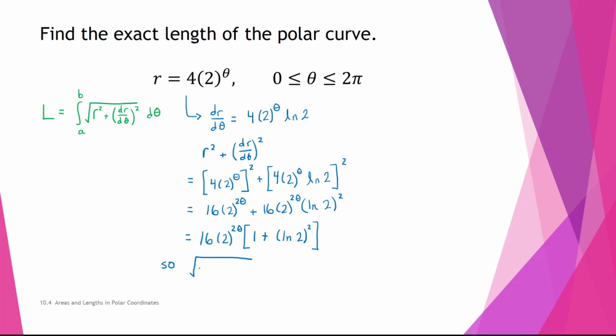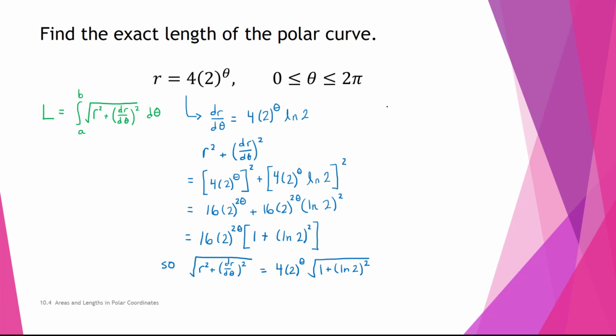So the square root of r squared plus (dr/dθ) squared, which is my integrand, is the square root of the expression we just found, which is 4 times 2 to the theta times the square root of 1 plus (natural log of 2) squared.